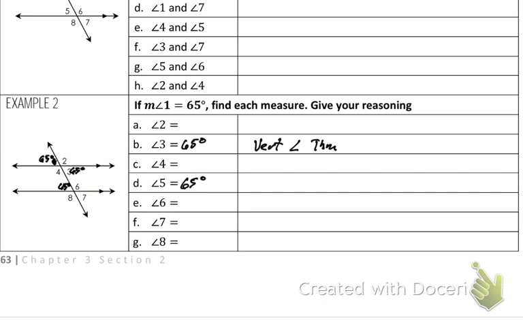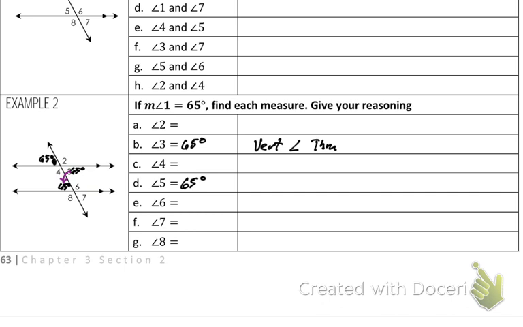Because this is where our reasons might be different. Some of you might have gone, oh, those are corresponding angles. Some of you might have gone, those are alternate interior angles. Both get you to that being 65 degrees. So either you use this 65 and say they're corresponding angles, or use this one and use alternate interior angles.